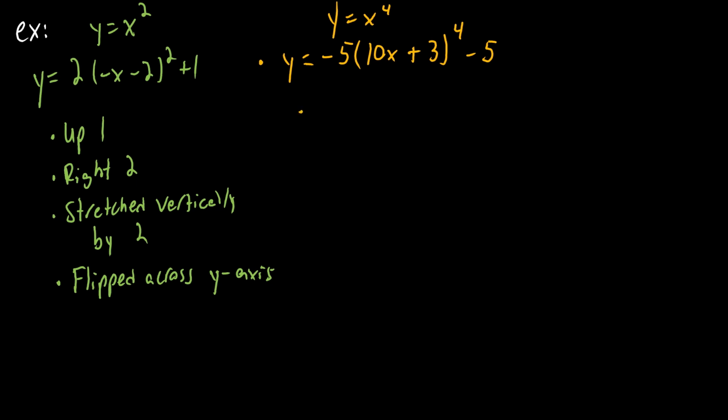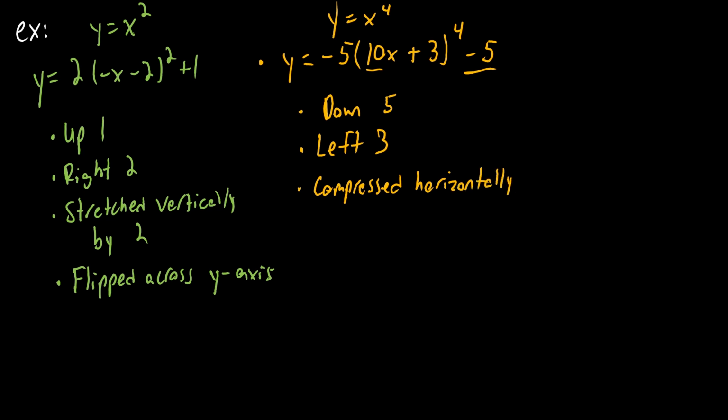With that negative 5 right here, that's going to be down 5. With this positive 3 right here, that's going to be left 3. With that 10 right here, that's going to be compressed horizontally. I'm just going to say compressed horizontally by 10 times.